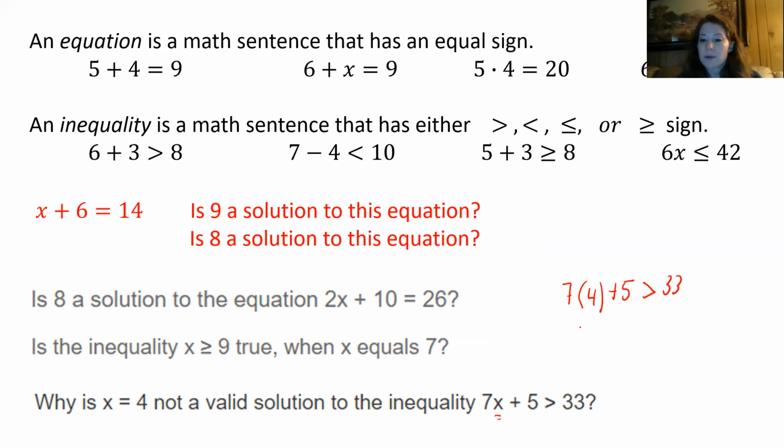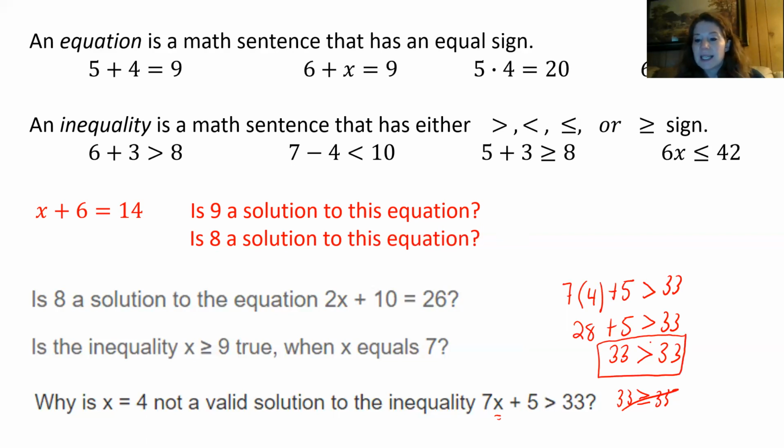Well, 7 times 4 is 28. 28 plus 5 is 33. So it says 33 is greater than 33. That's not true. It's equal to. We could make it true by adding greater than or equal to 33, but that's not what it says. So the answer is, why is this not a solution? I would say because of this statement right here, because 33 is not greater than 33.